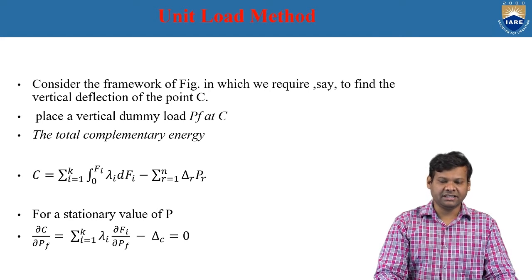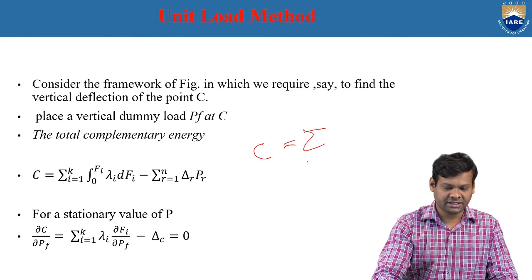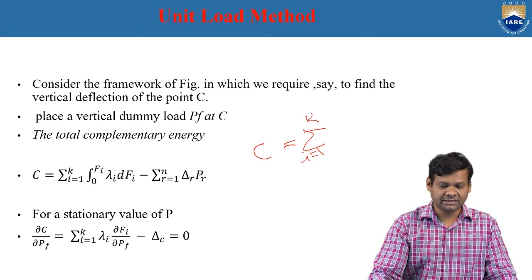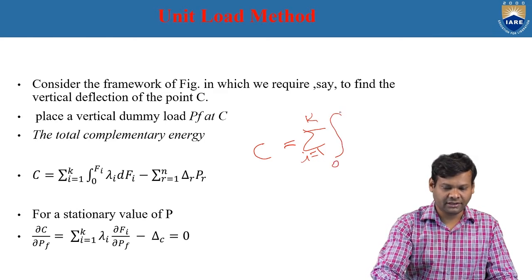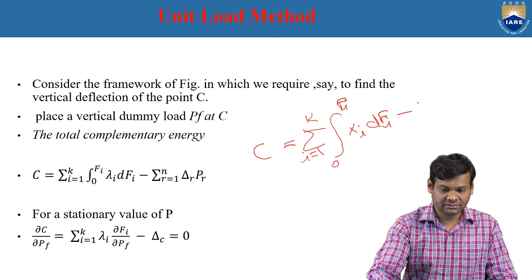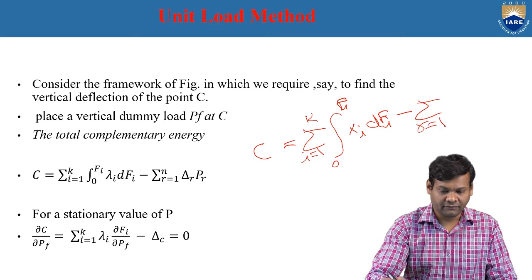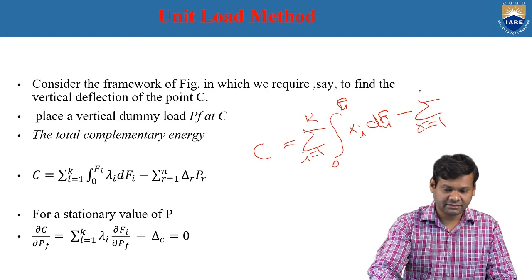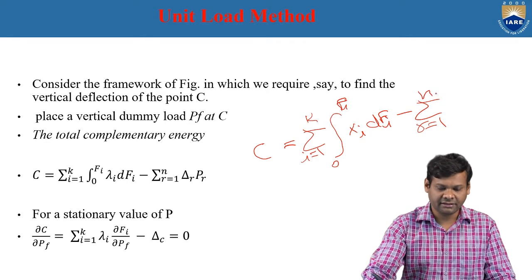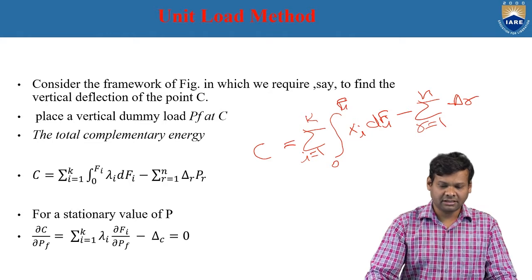The total complementary energy of the system can be written as C equal to summation i equal to 1 to k, integral 0 to F_i of lambda_i dF_i, minus the work done by the loads, that is, summation r equal to 1 to n of delta_r, the corresponding virtual displacement of member r, times P_r.